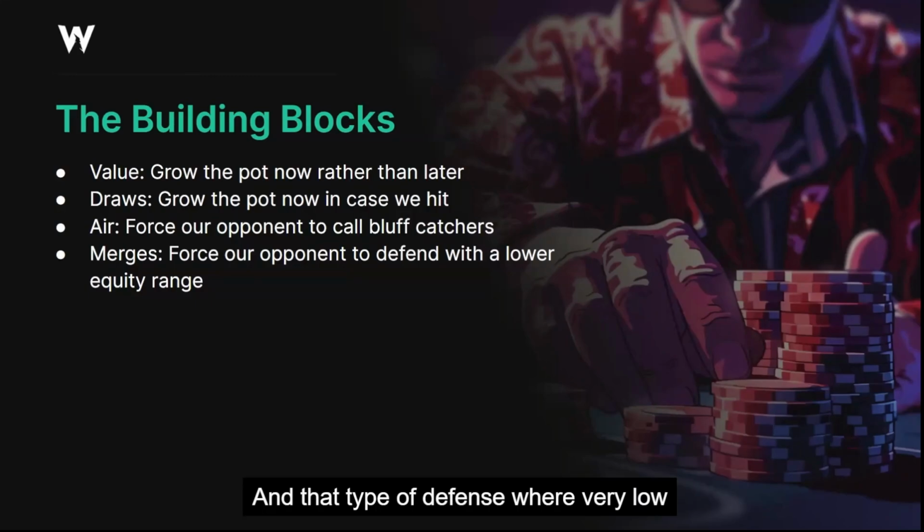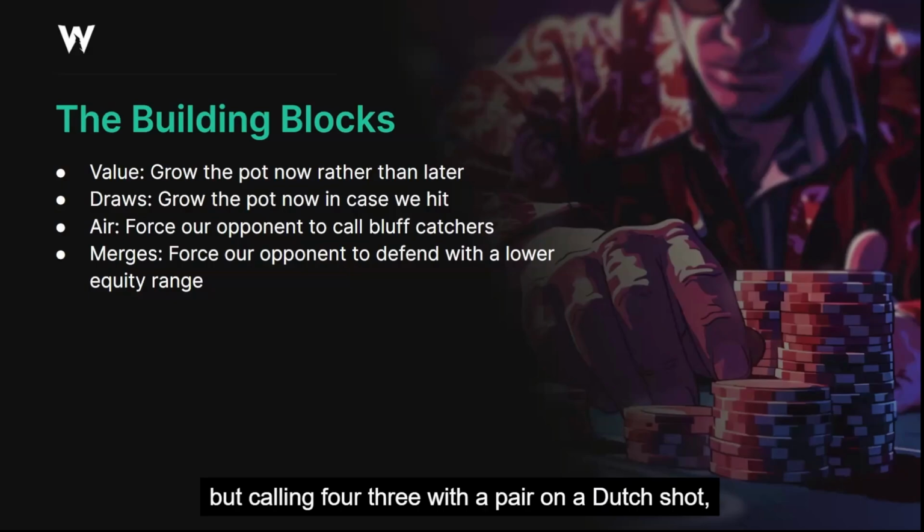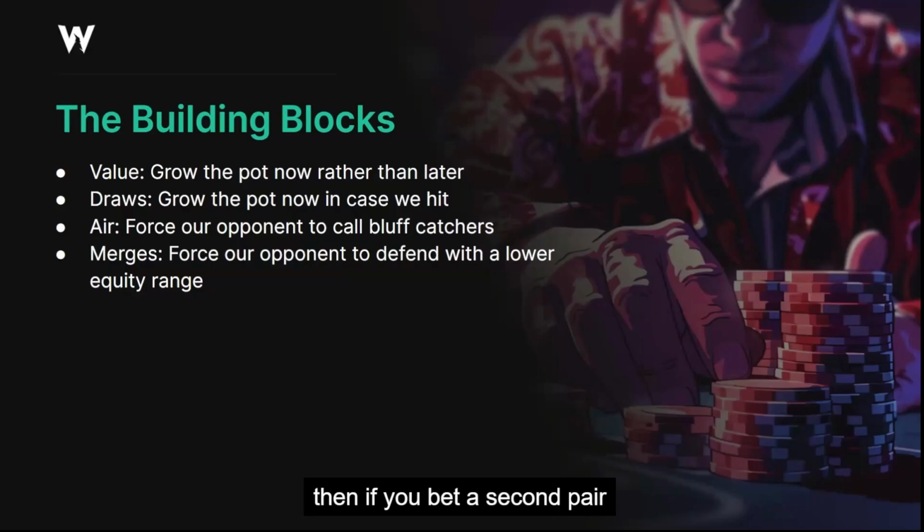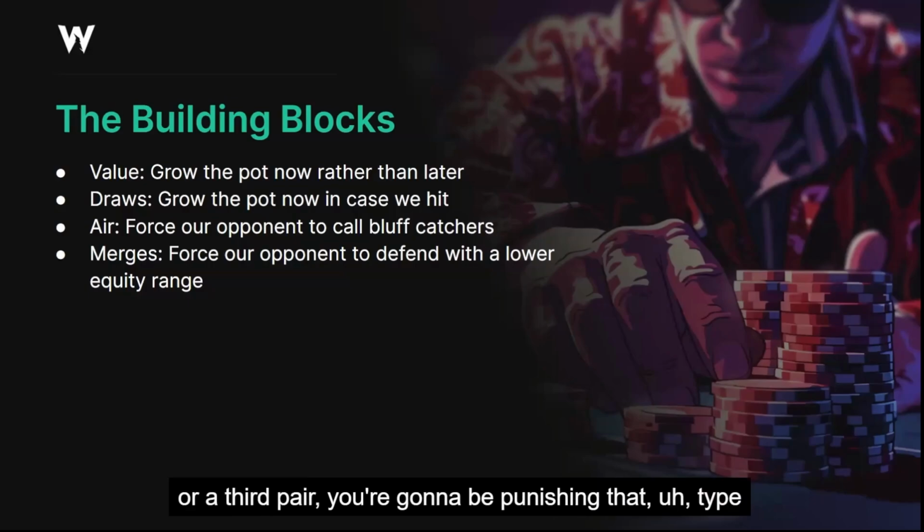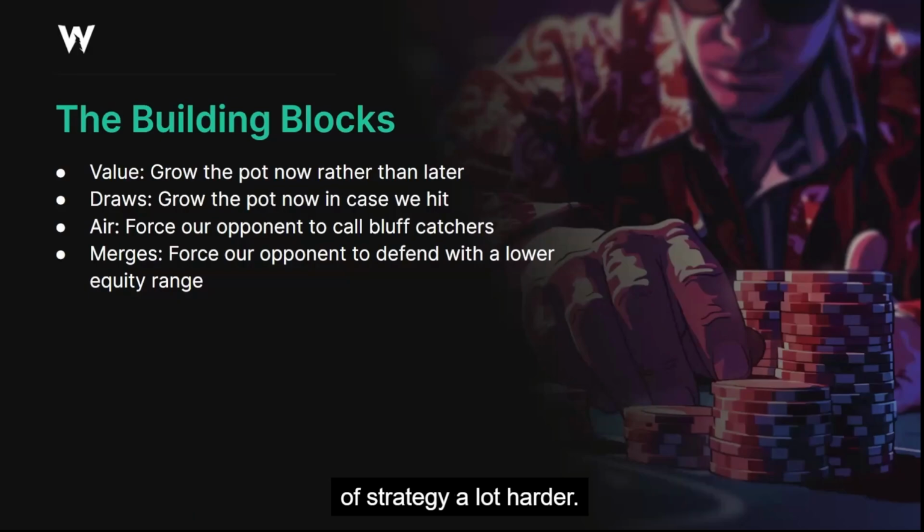And that type of defense, where very low rank hands have higher equity versus a polar range, can be punished very harshly if you start betting hands in the middle. Because if the player starts folding tens but calling 4-3 with a pair and a gutshot, then if you bet a second pair or a third pair, you're going to be punishing that type of strategy a lot harder. So that's the point of merging.